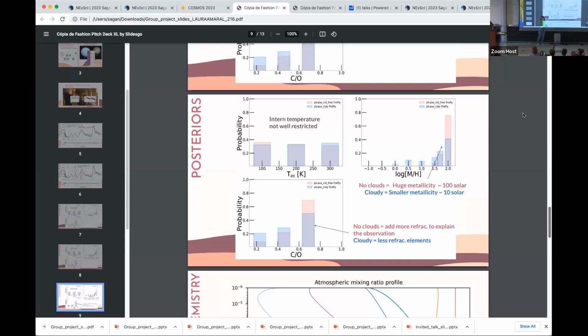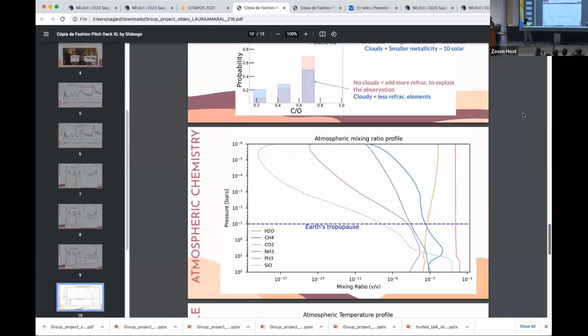I think Kevin told us that before, so I'm doing that right now. If you put in clouds, you can explain the results better in this part of the posteriors, because you move the distribution over here. So maybe the answer is here, you know. Okay, next one, thank you.